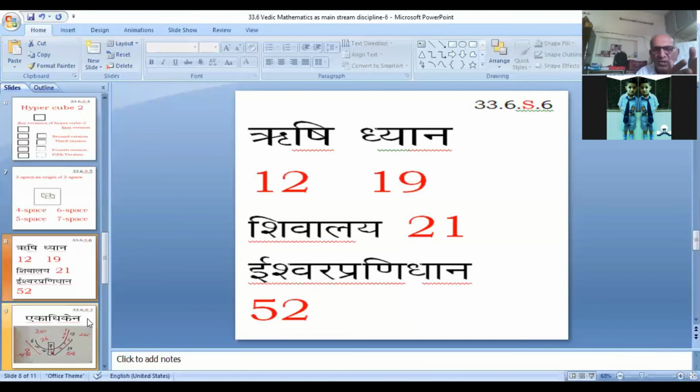Therefore, the sequential reach up till first three letters as of the format features of Rishi, four letters as of format features of the Dhyan, and five letters as format features of Shivalaya deserve to be comprehended and to be imbibed fully.